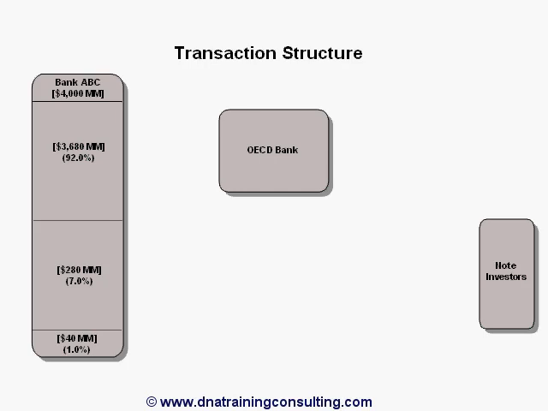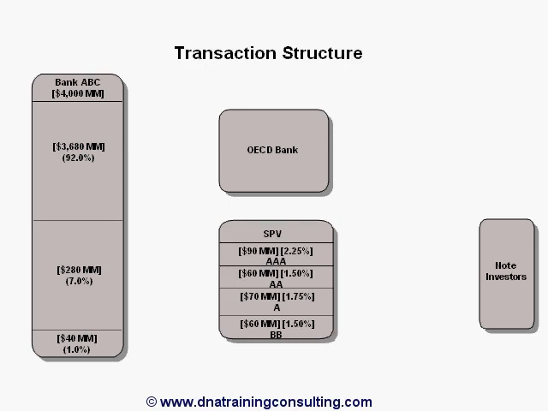And the last major party to the transaction is the SPV in the middle of the diagram, which acts as a sort of conduit for transferring some of the portfolio's credit risk from Bank ABC to the investors by, as we shall see, issuing a series of notes to those investors whose performance is linked to the performance of the loan portfolio.